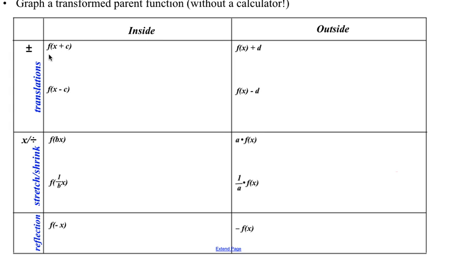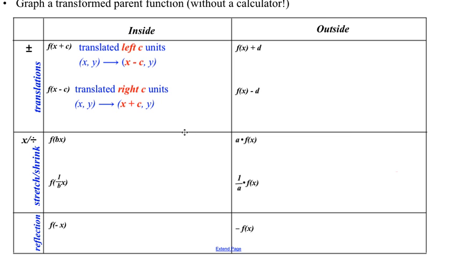So let's start with the top box here. We have f of x plus c. When you have a number added inside the function, that represents a horizontal translation, and it goes left c units. So you end up subtracting c from the x coordinate in your original point. And then if you have f of x minus c, that's translated to the right c units.